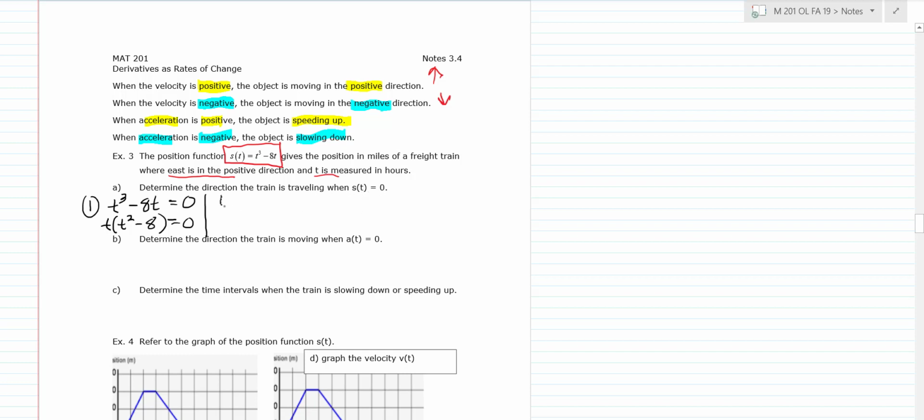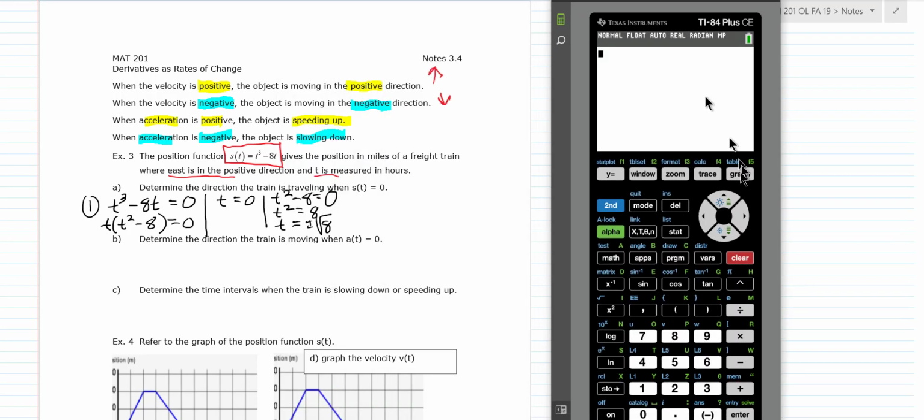So we just set each of these equal to 0. We have t equals 0, and we have t squared minus 8 equals 0. You can add 8 to both sides, then take the square root of both sides. Of course the negative answer for time won't make any sense. I just want to show you that technically that's what you do when you take a square root of both sides.